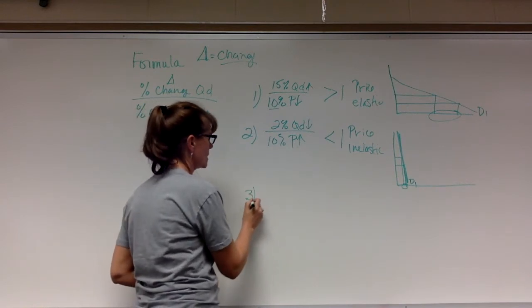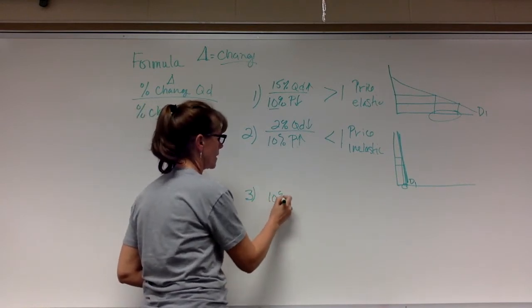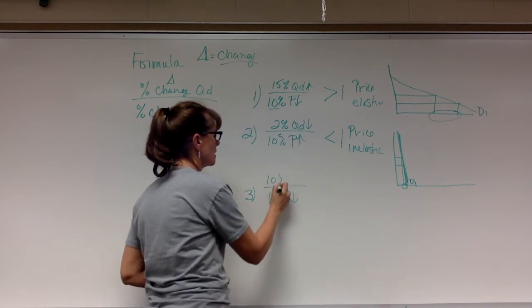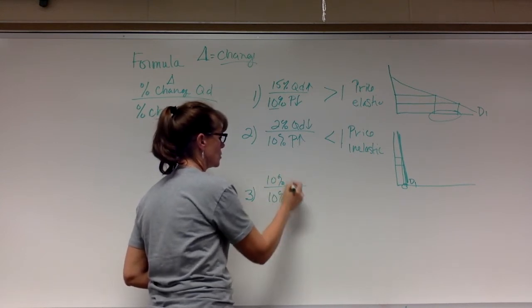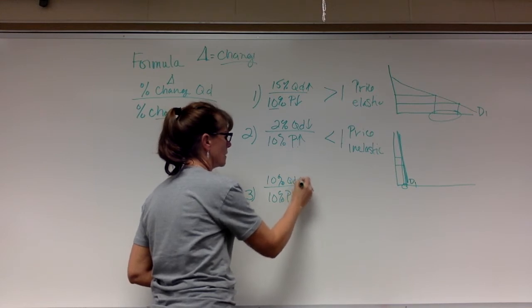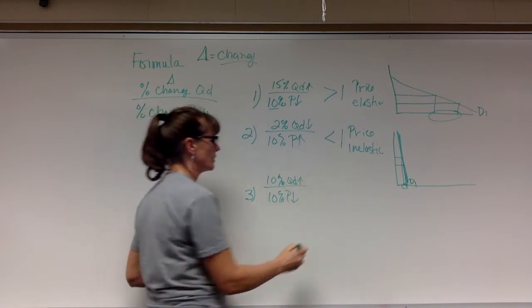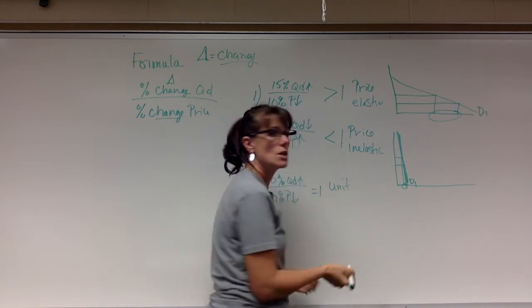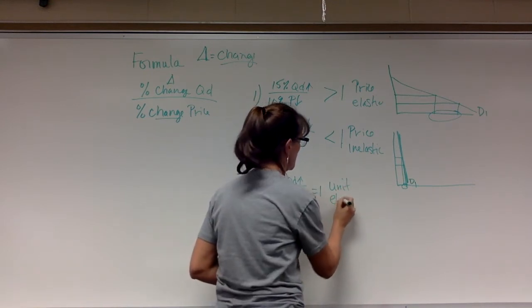The third thing we can see happen is if we change the price by 10%, down, we could see the same exact percent change in our quantity demanded. This is called, when it's equal to 1, unit elastic, or sometimes unitary elastic.